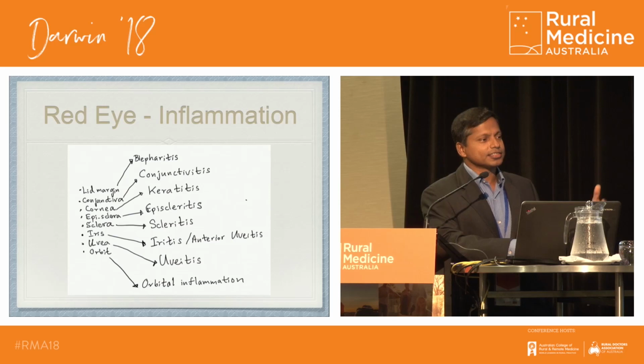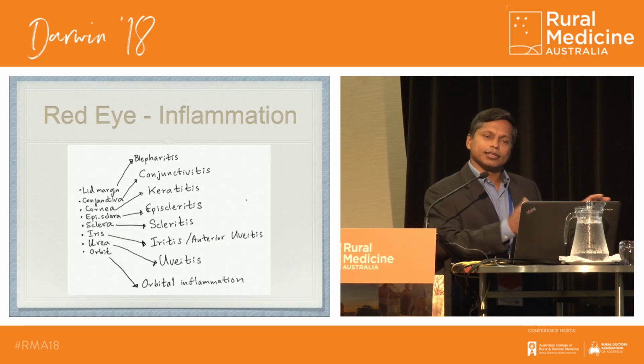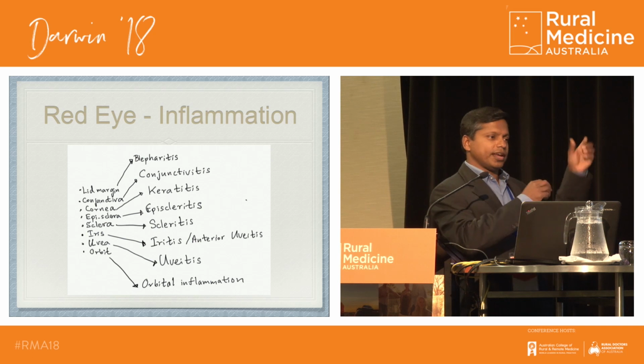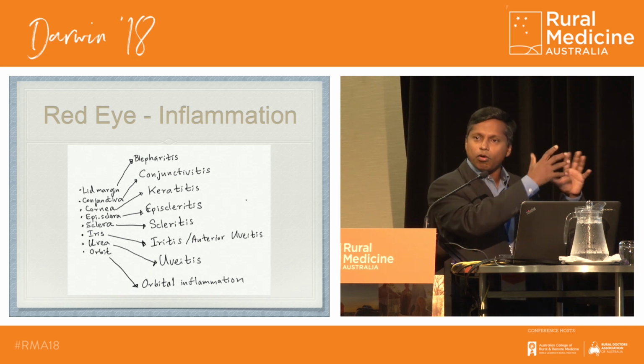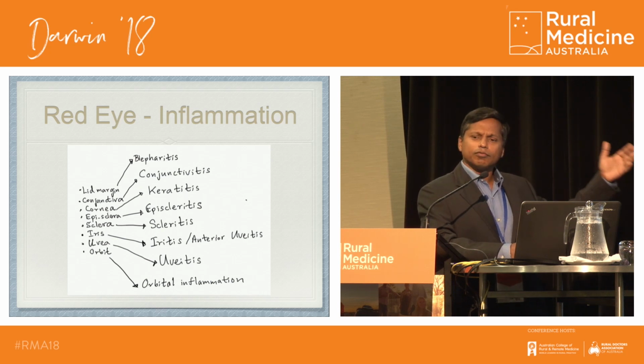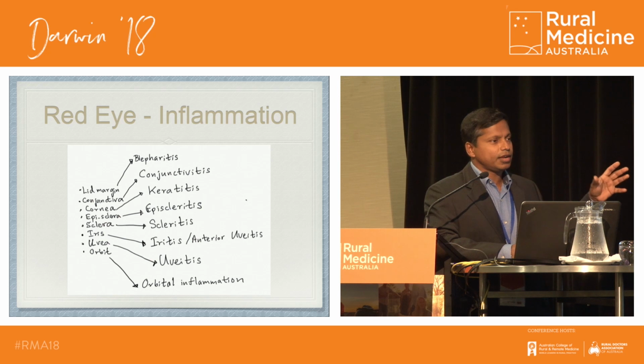Scleral inflammation is scleritis. And the iris, we can call it iritis, sometimes synonymous with anterior uveitis. The uvea is, like Eline explained, the iris, ciliary body, and the choroid, the whole vascular layer of the eye. So uveitis is a generic term, and it can be anterior when the iris is involved, intermediate when the ciliary body is involved, and posterior when the choroid is inflamed.